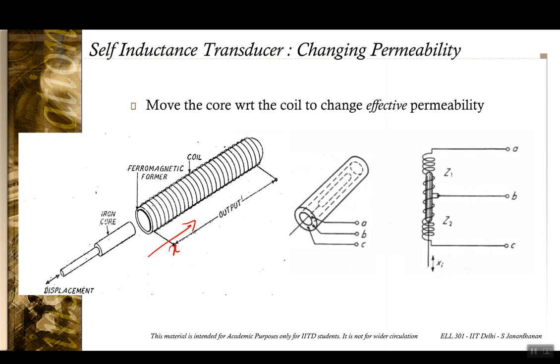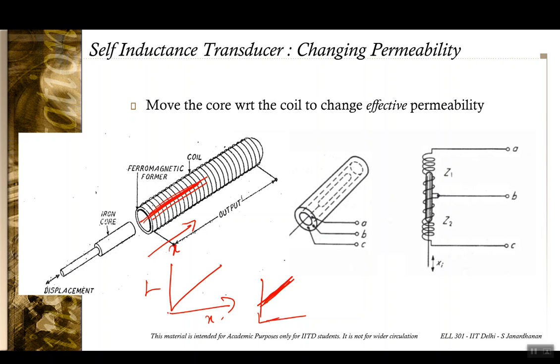As x increases, more part of the coil is going to be coupled with an iron core, and therefore the inductance L will also tend to increase. So it's not going from 0, it will be something like this, because the permeability of iron is much greater than the permeability of air.